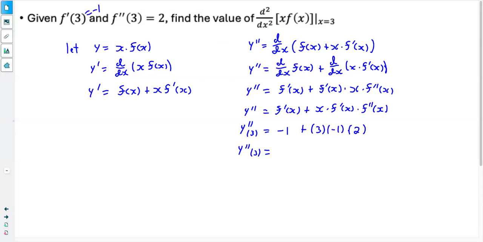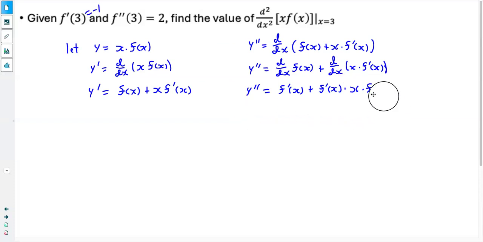And just looking at this, I realized I made a slight error when we did our product rule up here. So I'll just go back to that step.